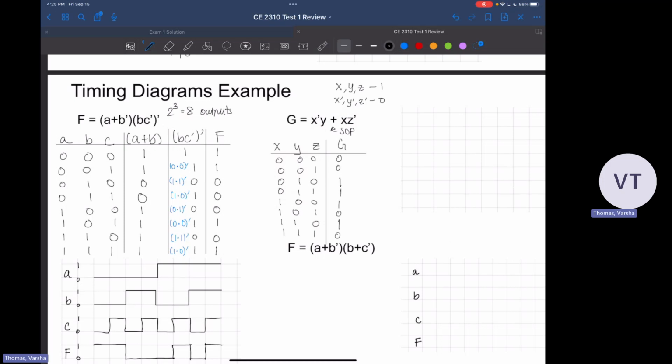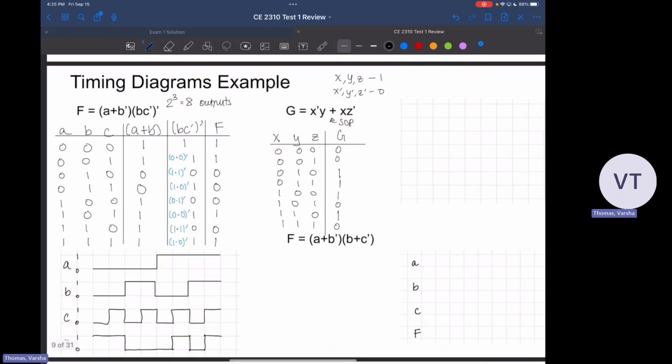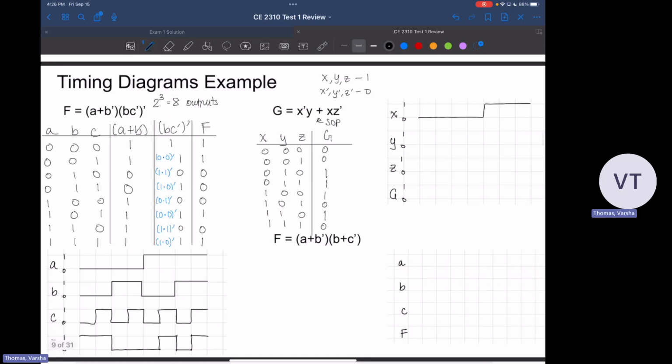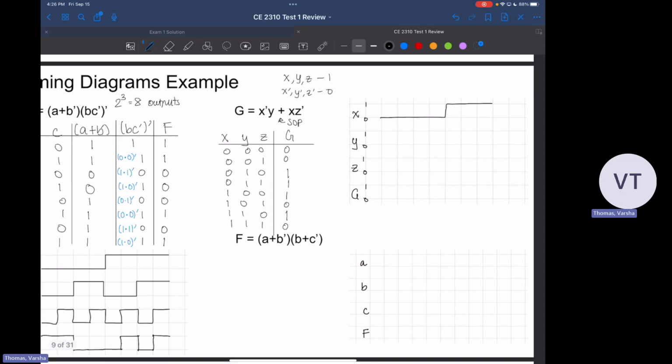And y'all, if this is confusing, just go step by step like we did for the first problem to figure out what the values in your truth table are. But this is what the output at G is going to be. So when we're drawing out our timing diagram, we've got X, Y, and Z, and G over here. All right. So X is 0 for 4 inputs, then 1 for 4 inputs.